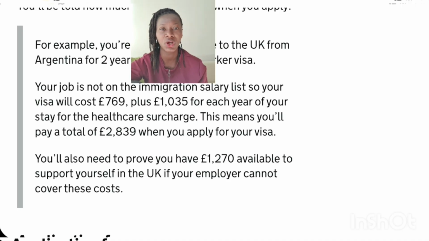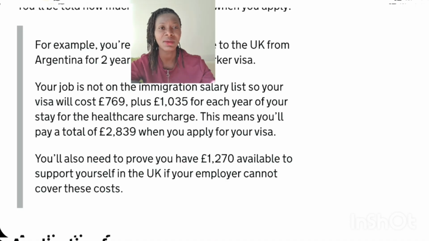If your employer takes yes for maintenance, it means you are not required to prove the £1,270 to the UK government. But if your employer takes no for maintenance, then you should have this £1,270 in your account to prove you can maintain yourself until you get your first salary when you arrive and work in the UK, for the first month.